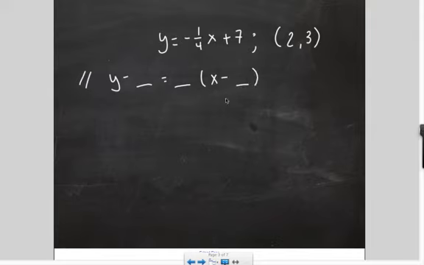So I have 3 blanks I have to fill in. Now they gave me the point x1, y1.